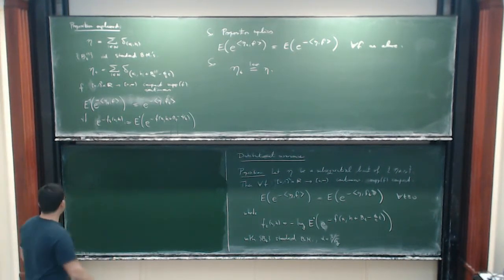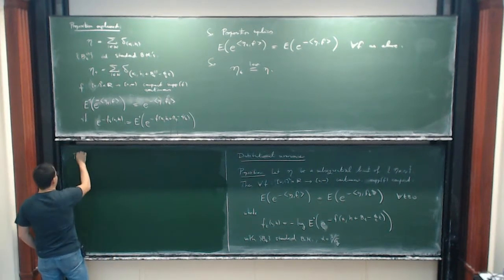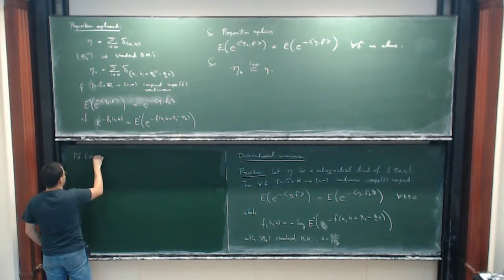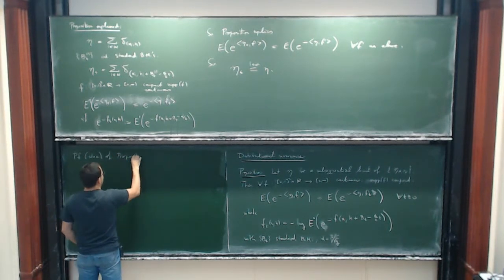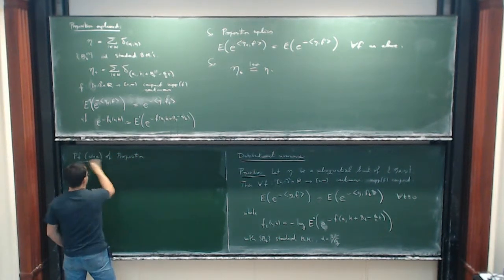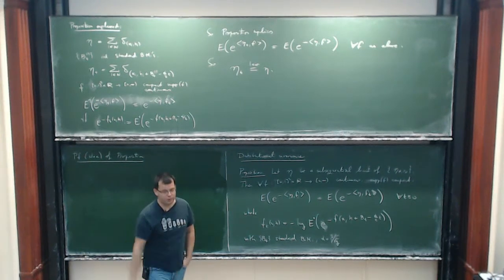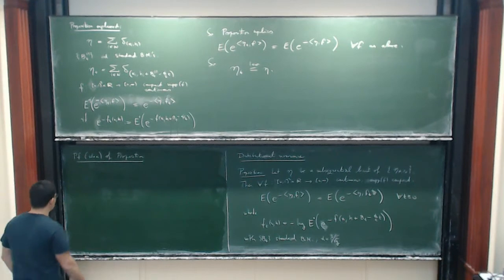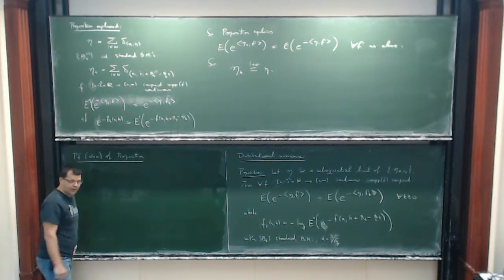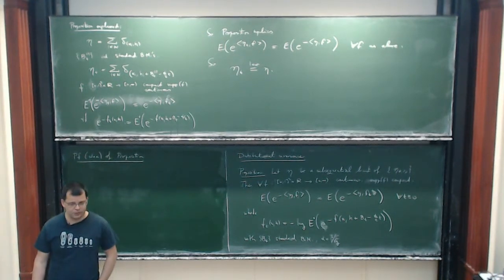So what is the proof idea of the proposition? So far I only explained to you how to read the proposition in probabilistic terms. What you do is use the Gaussian decomposition.